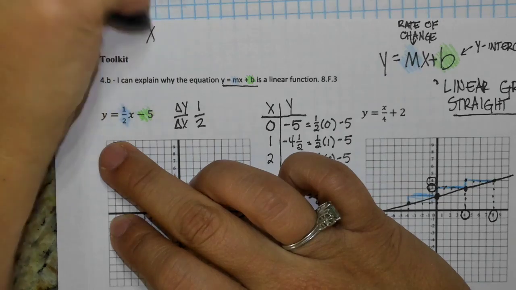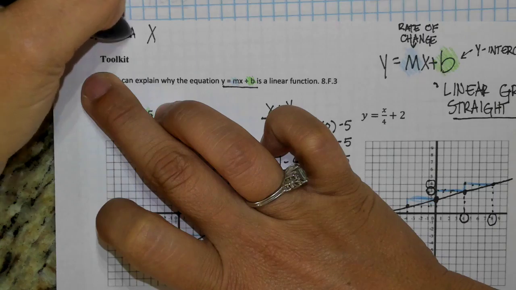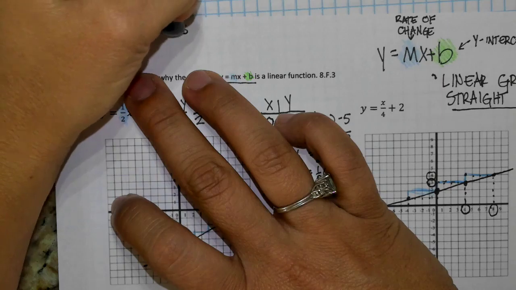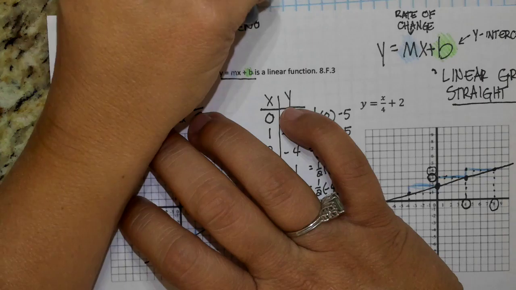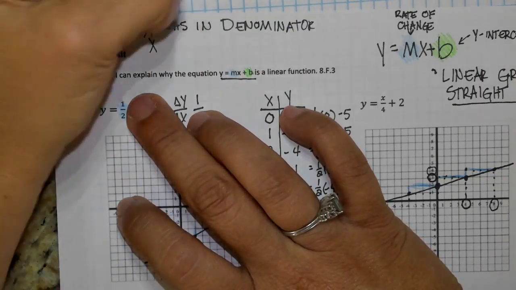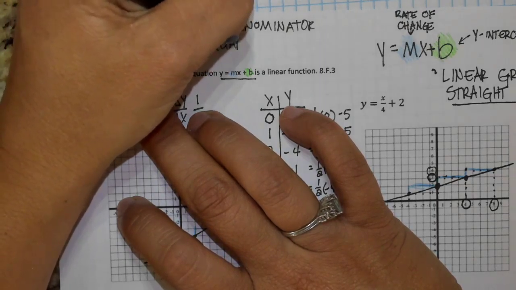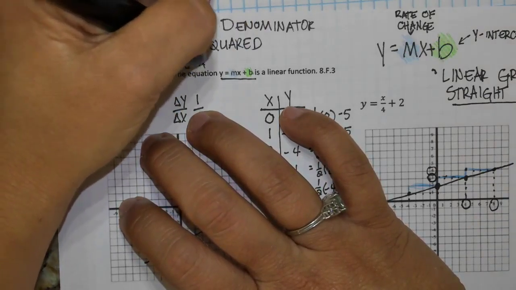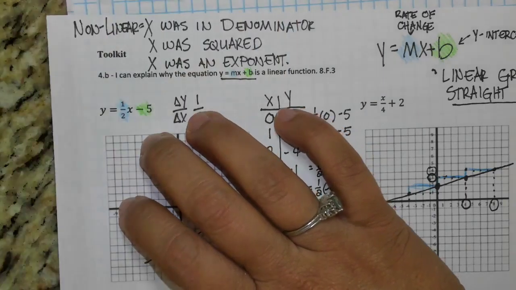So when the x was in the denominator, the x was squared, and the x was an exponent, all made them non-linear.